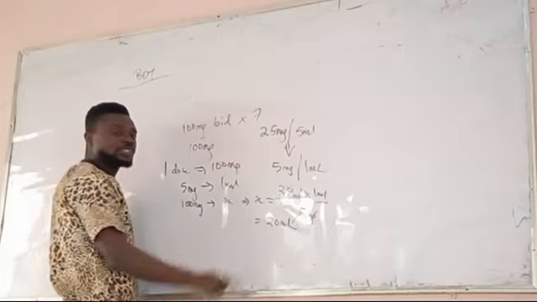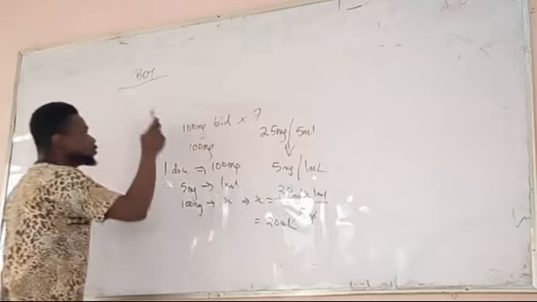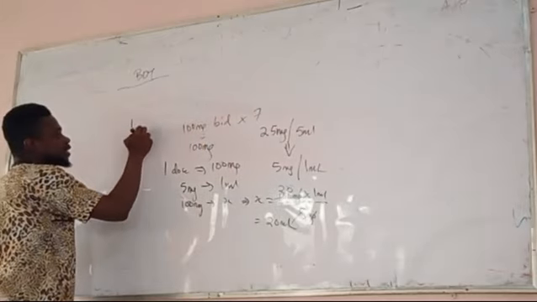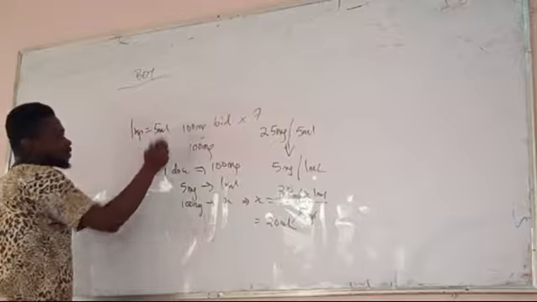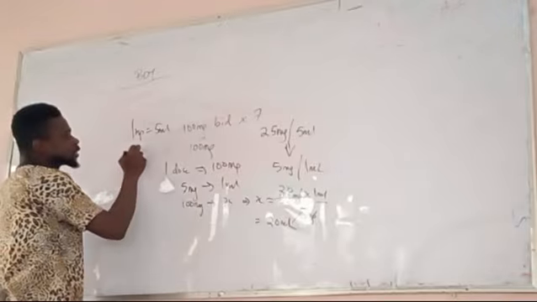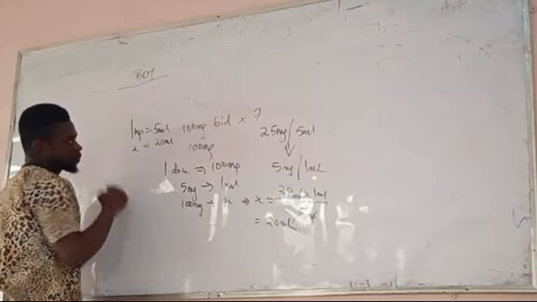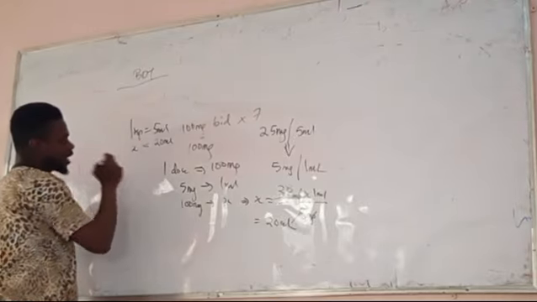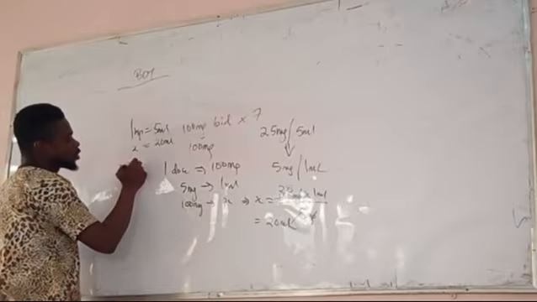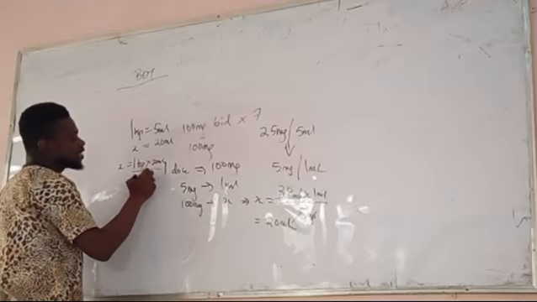But we are asked to find it in teaspoons. 1 teaspoon is equal to 5 ml. So if 1 teaspoon is 5 ml, how many teaspoons, call it X, will be 20 ml? X equals 1 teaspoon times 20 ml over 5 ml.